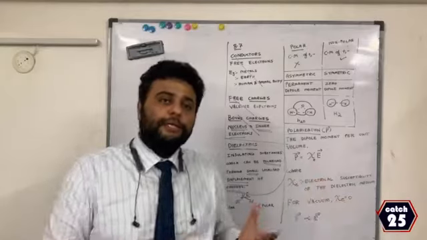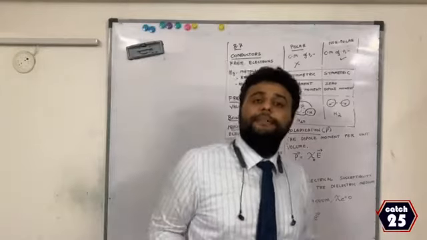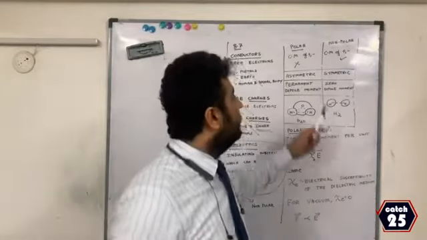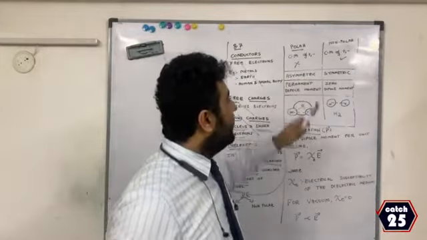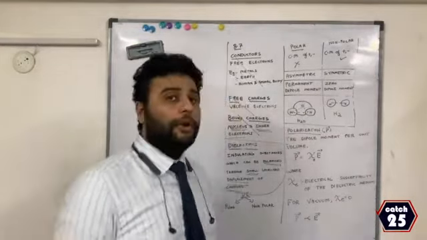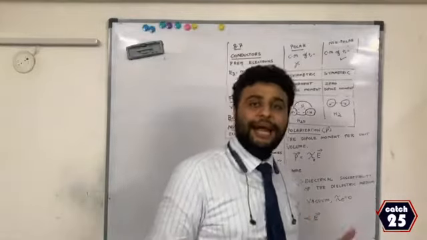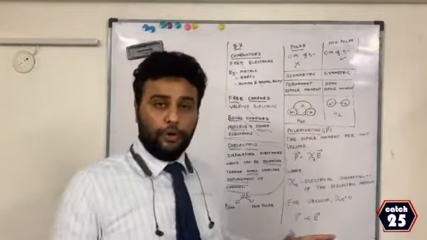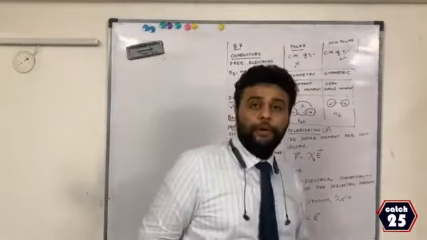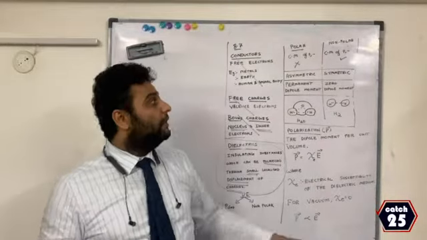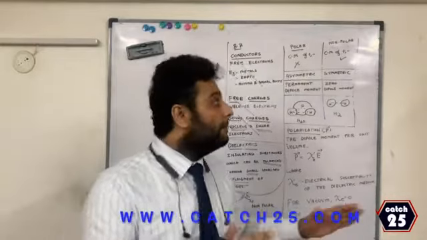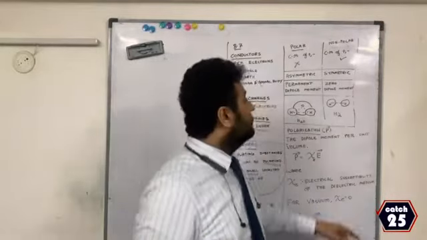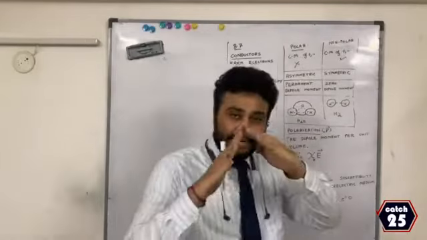But when it is not symmetric, it will not coincide. Therefore, polar molecules are also called asymmetric molecules. Since they are asymmetric, the center of mass of positive and negative do not coincide. And non-polar molecules are the molecules in which the center of mass of positive and negative coincide because they are symmetric.